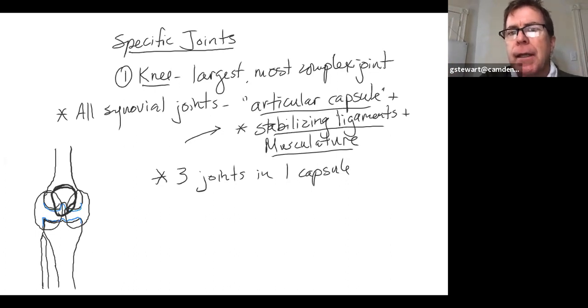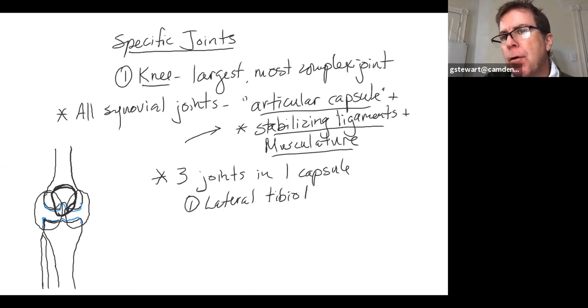And the third one, the patella, which sits on top, the kneecap, right here, it articulates with the femur. So now I'm going to write these three joints out. And I'm going to write it like this. The lateral tibiofemoral joint.